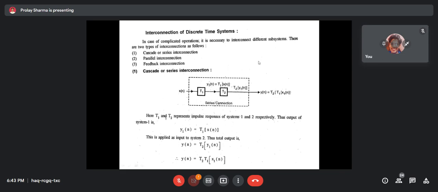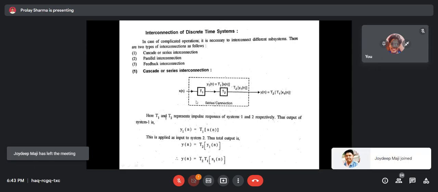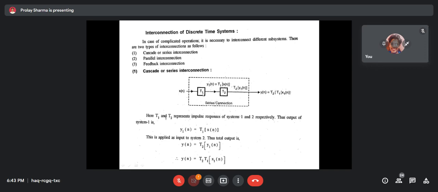So this is one system, this is another system, they are connected in series. So if x(n) is the input, the first block output will be y1(n), which is the transform of x(n). So this is the first system. That's why, to differentiate, we are putting 1 in the suffix, so that it can designate the operation which is happening for the first block.